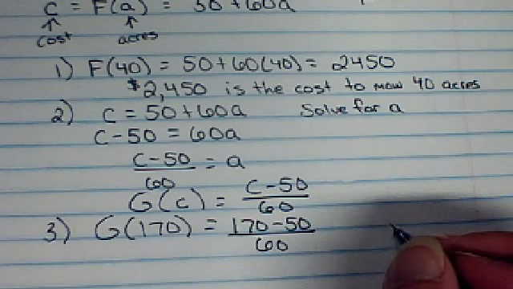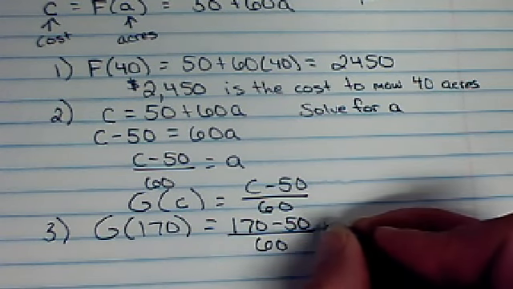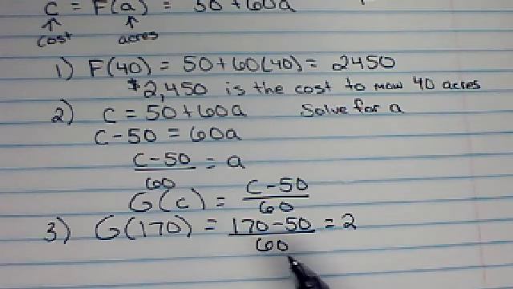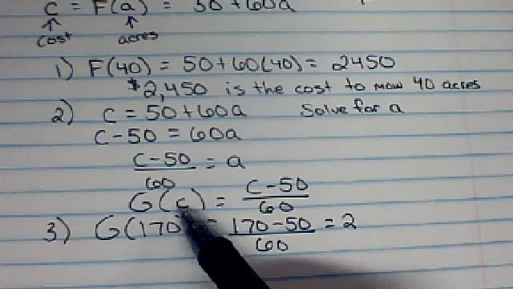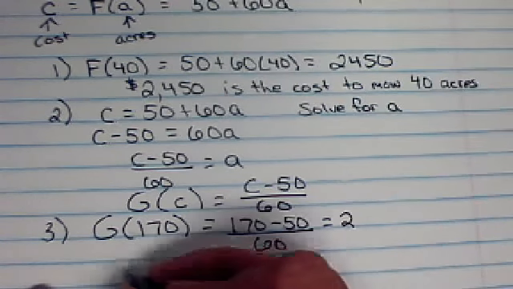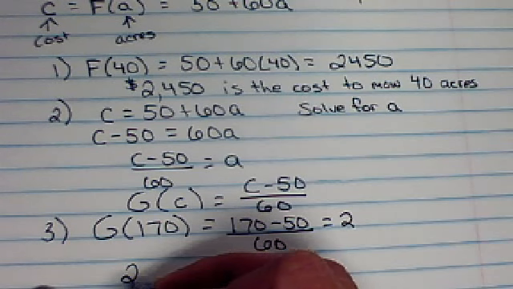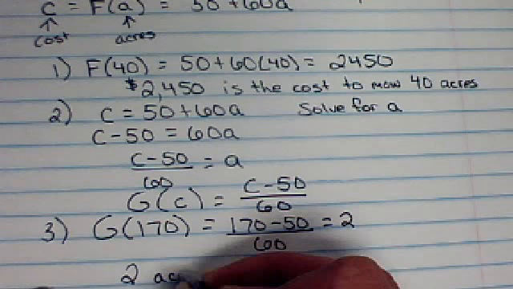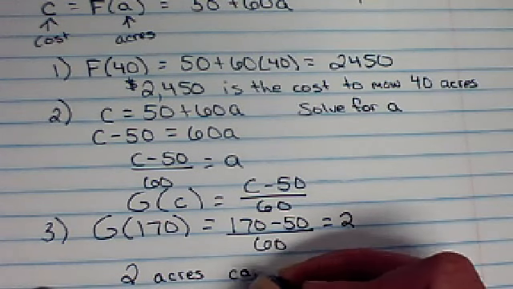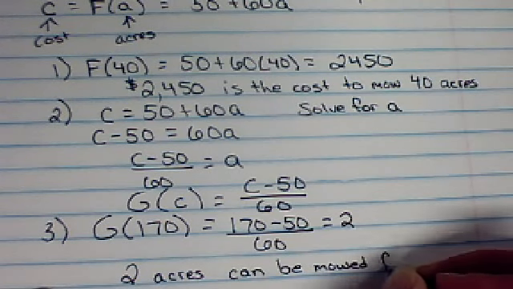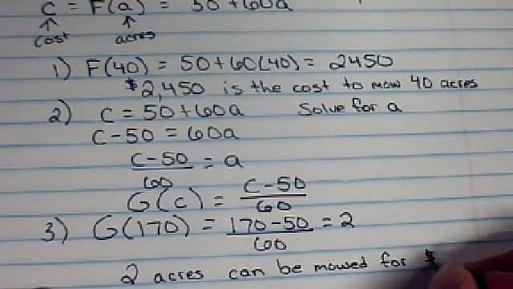And that's 170 minus 50 divided by 60, which is 2. What does that mean in the situation? Well, C was my cost, right? And I found 2. So what does 2 mean? 2 acres can be mowed for $170.